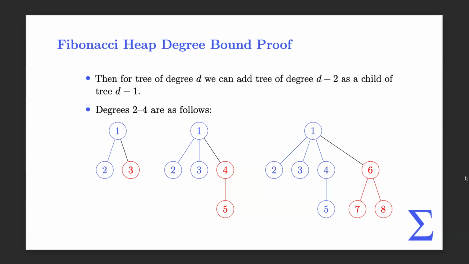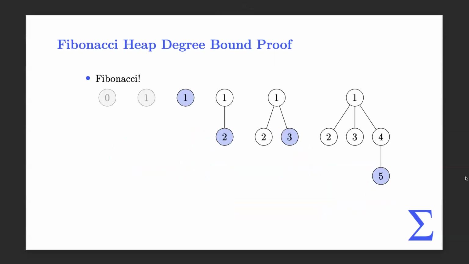And interestingly, you get each of these trees from combining the other ones. If we take this whole tree here, that's the blue one, and 6, 7, 8 is this tree here. If you combine two trees, you get the next one, which is the same as Fibonacci. If you number all of these, you see it literally is Fibonacci numbers.